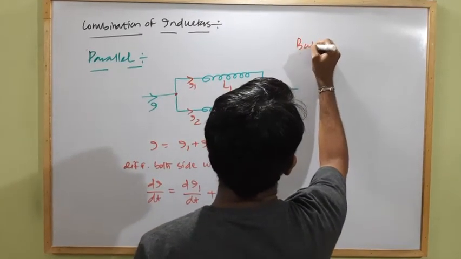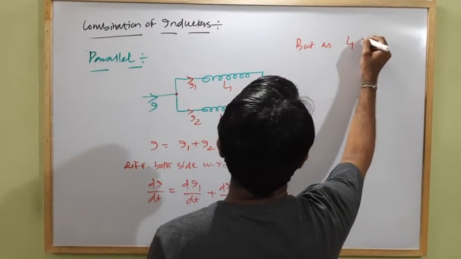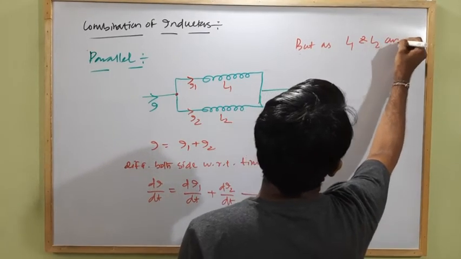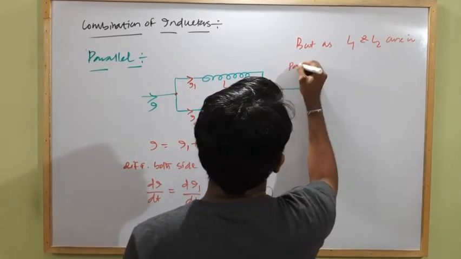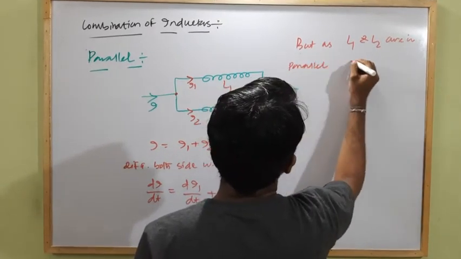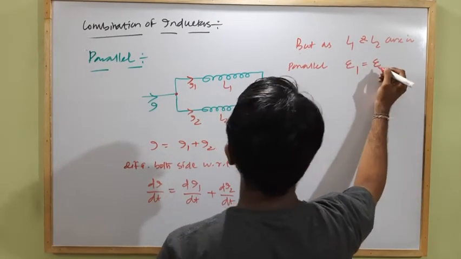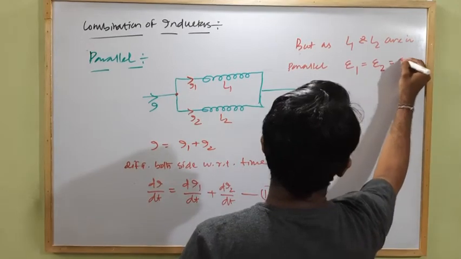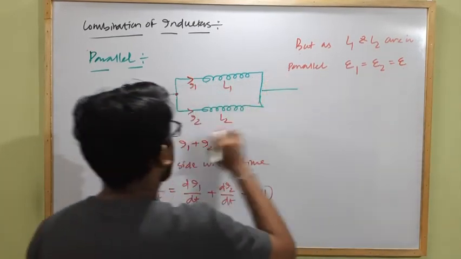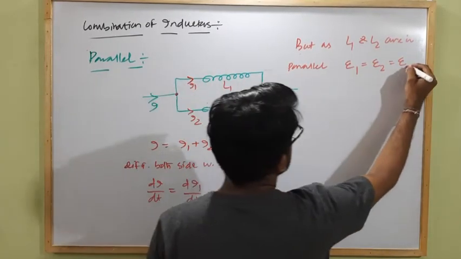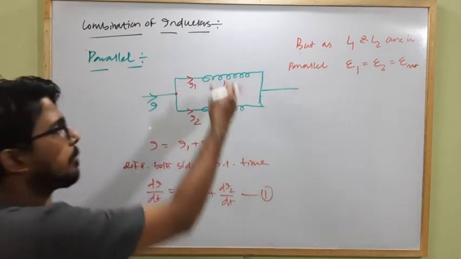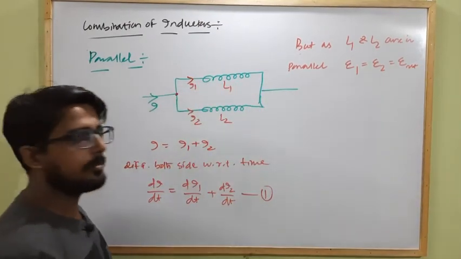But as L1 and L2 are in parallel, the potential difference across L1, that is E1, equals the potential difference across L2, that is E2, which equals the potential difference across the circuit, E net, because in parallel combination the net potential difference is the same.